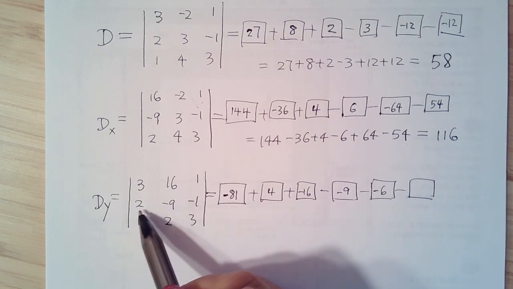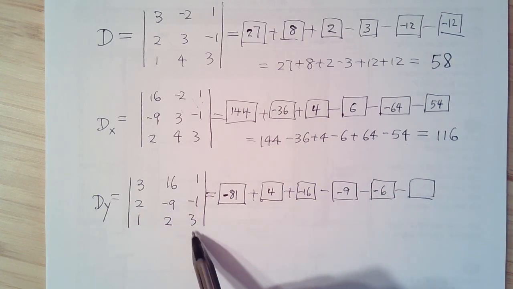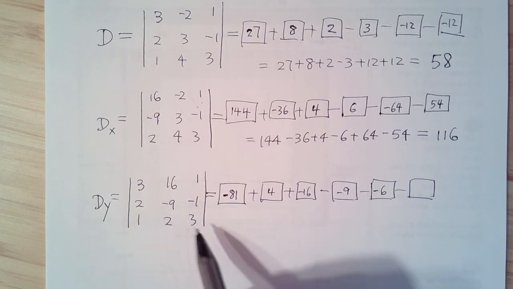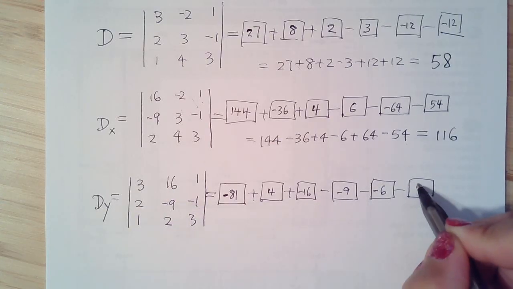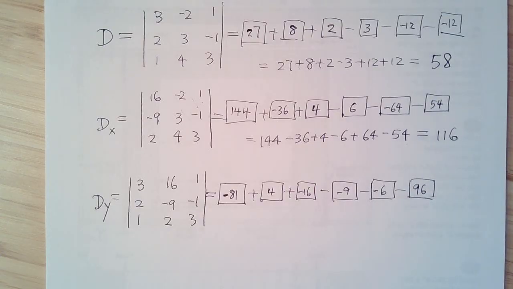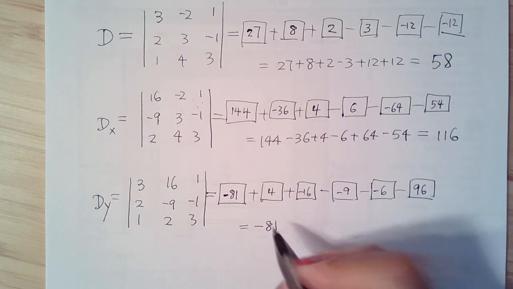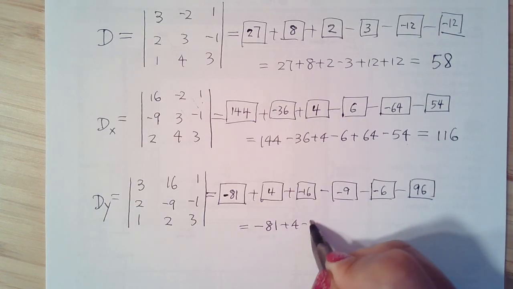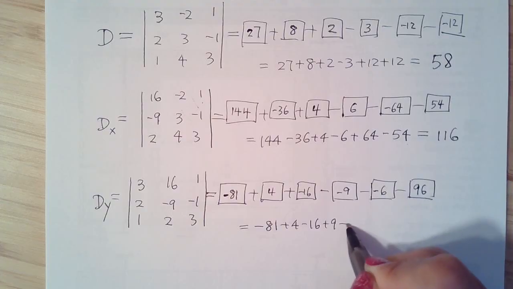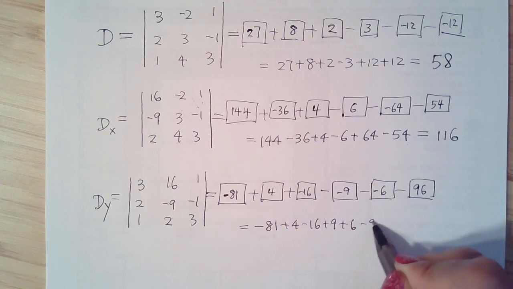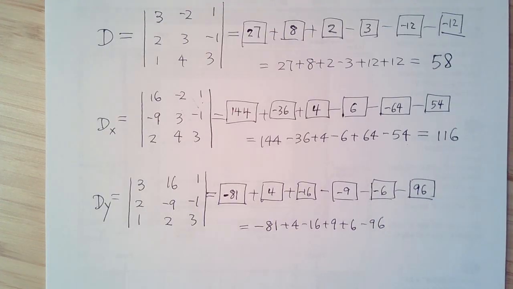Then 16 times 2 times 3 is 96. So that is negative 81 plus 4 minus 16 plus 9 plus 6 minus 96.